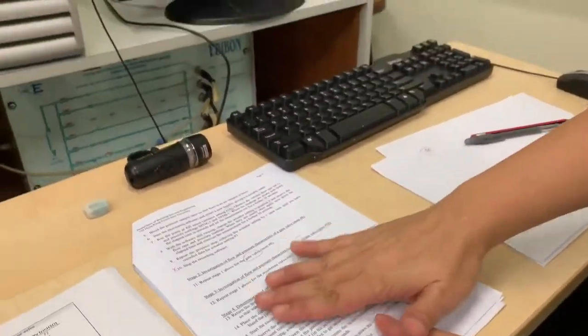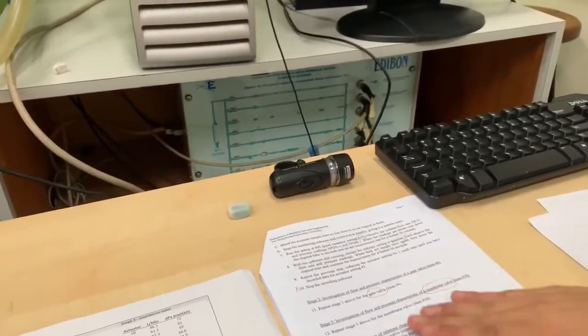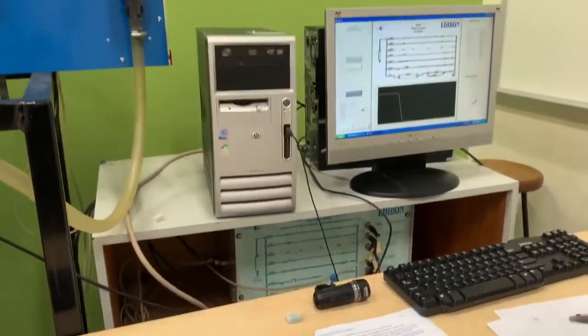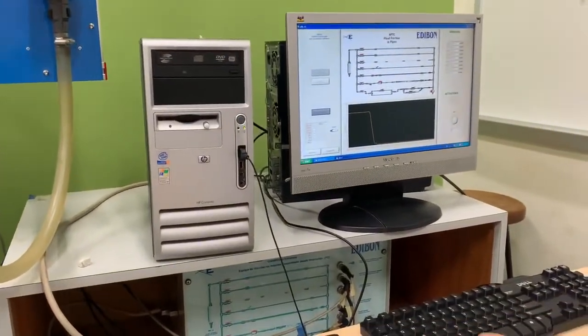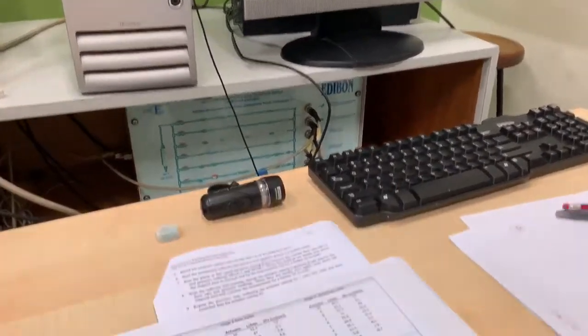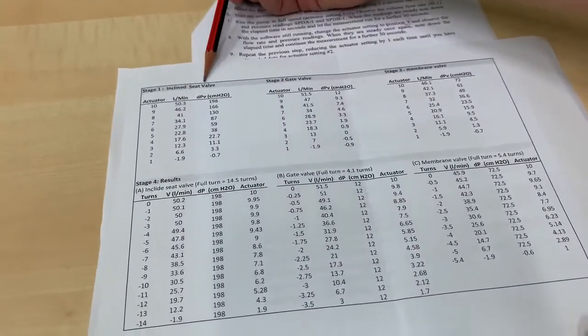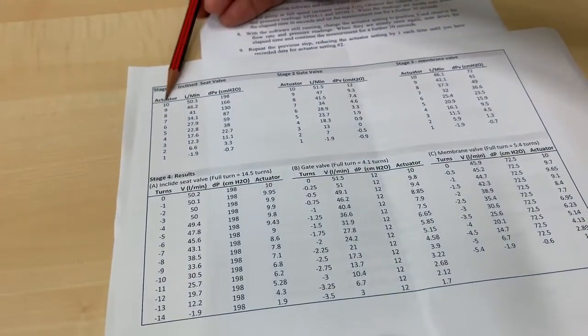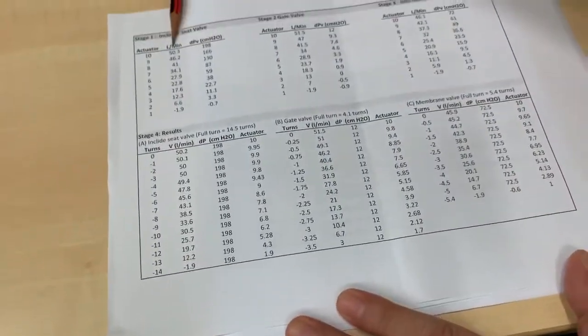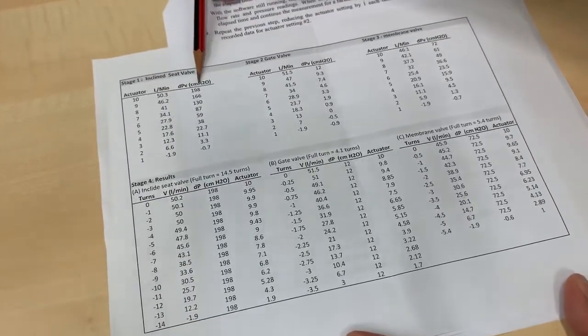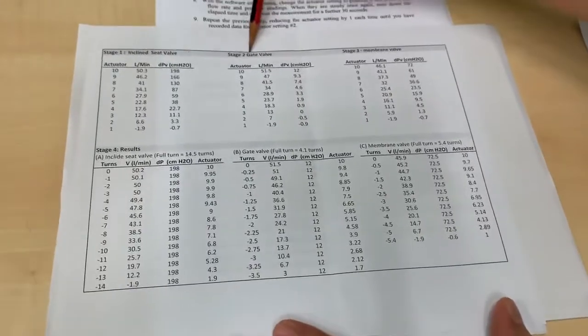We repeat stage 4 for all 3 valve types. Based on the measurements, here is the data. Stage 1 for the in-kind seat valve: actuator position, the flow rate, and the differential pressure. Stage 2, gate valve.